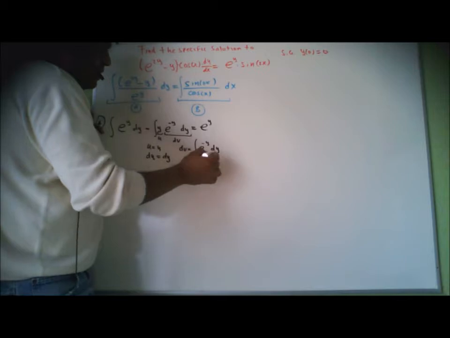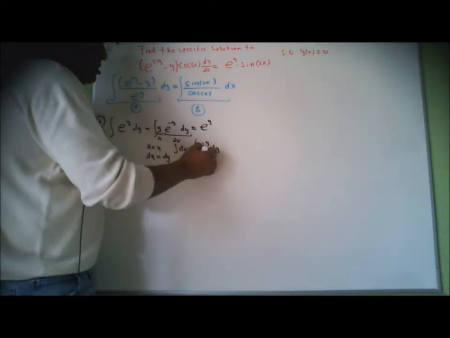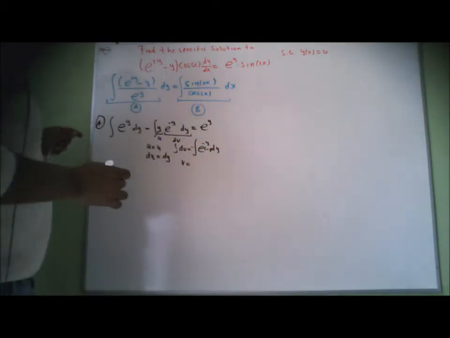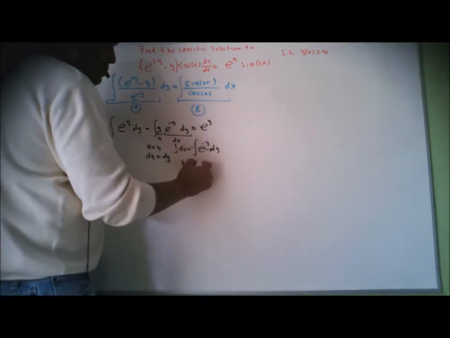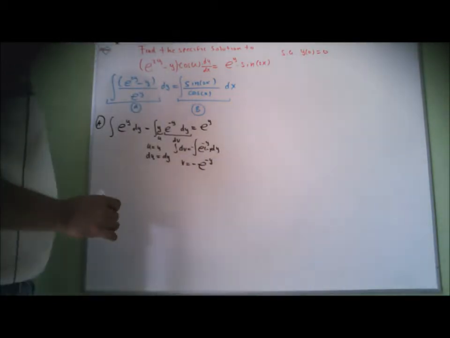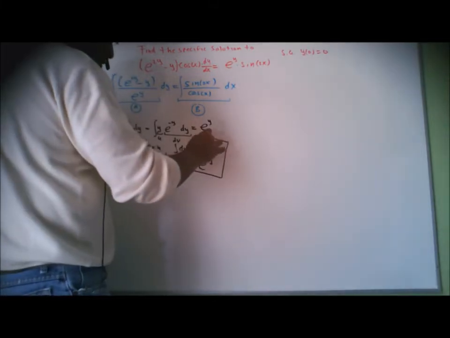We have to apply the integrals on both sides to get v. So we need a minus, and we compensate with the minus outside. The integral of the exponential is going to be minus exponential of minus y. So let's use the integration by parts.